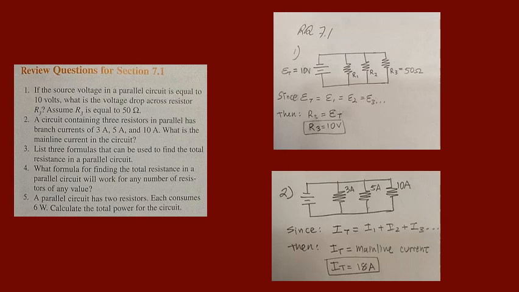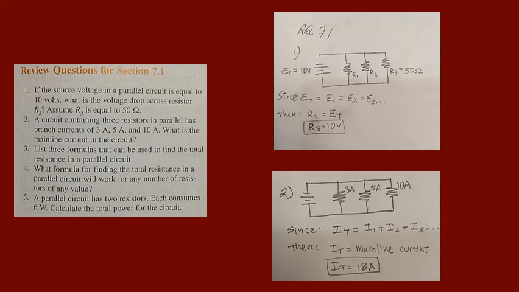Using the formula for parallel circuit current, where current total equals current 1 plus current 2 plus current 3, meaning at each branch, we add 3 amps, 5 amps, and 10 amps, which equals 18 amps for current total, or main line current.